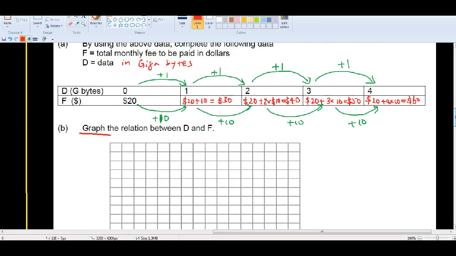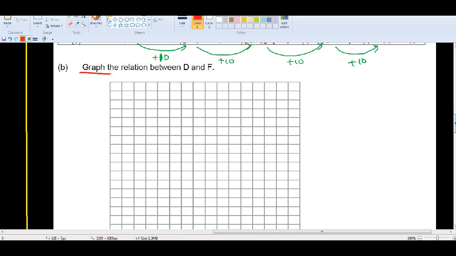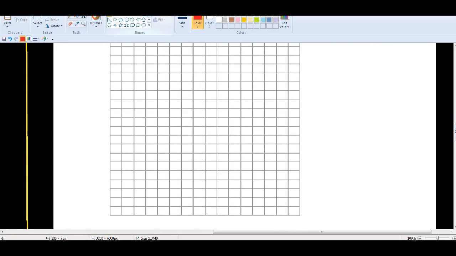To graph the relation, we have 0, 1, 2, 3, 4, right? So we need to draw an axis right here, representing the independent variable, which is data.